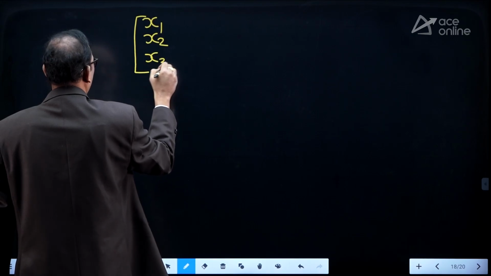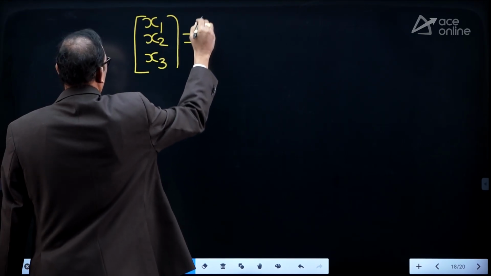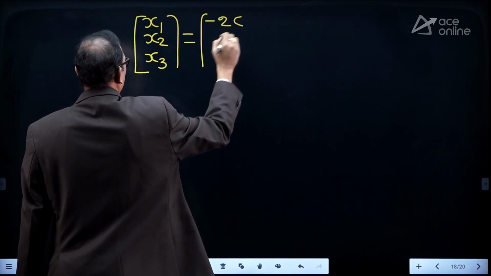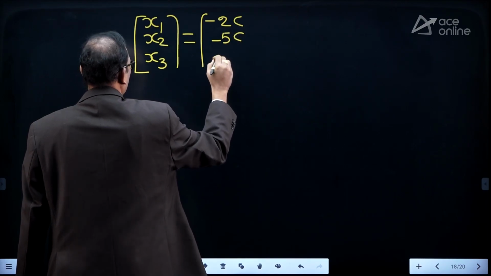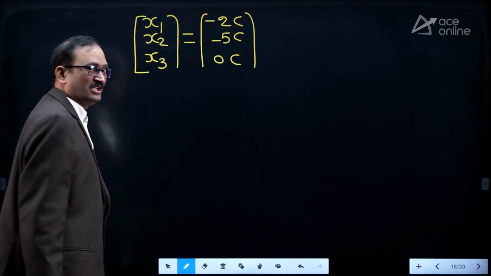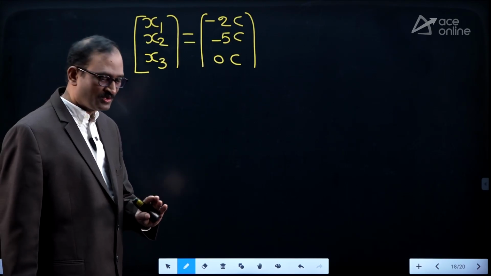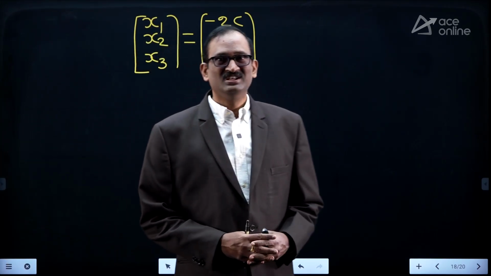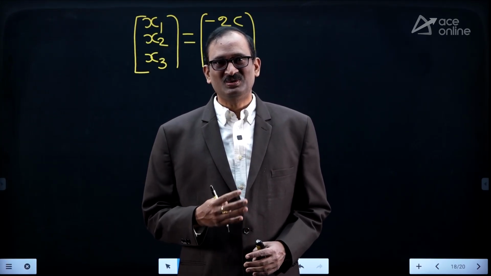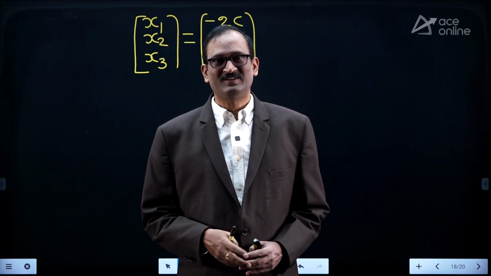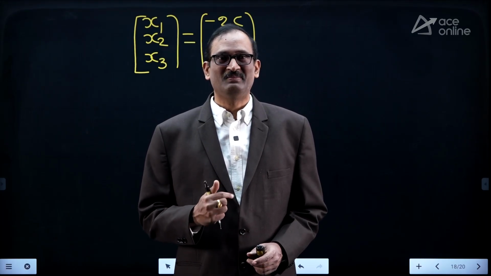So the eigenvector x1, x2, x3 equal to, as we have seen just now, minus 2C, minus 5C, 0C. In order to eliminate the minus sign, note that if your original eigenvector is multiplied by any non-zero real number, that should also be the eigenvector corresponding to the same eigenvalue.